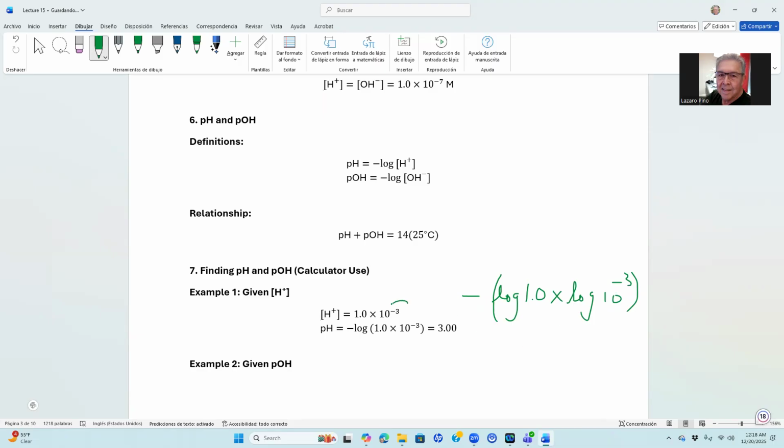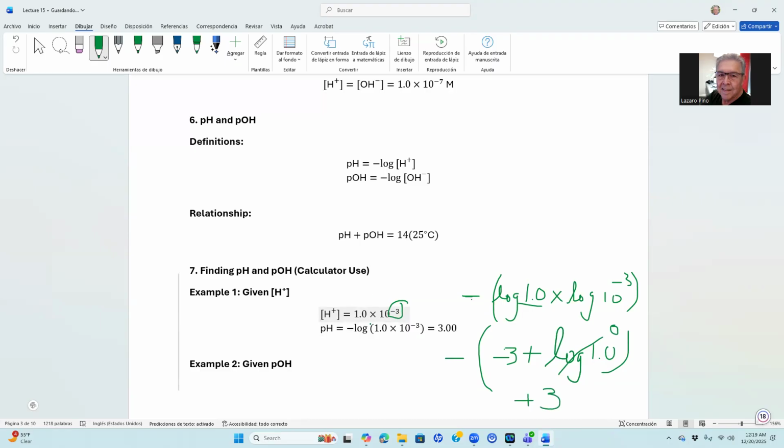We say, well, it is minus 3 plus the log of 1.0, that is this number. And the log of 1 is 0. So the pH, as you have here a negative number, will be positive 3.